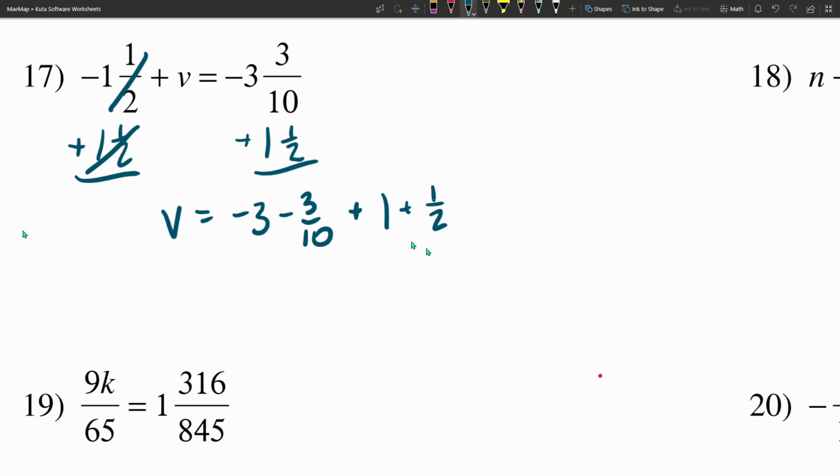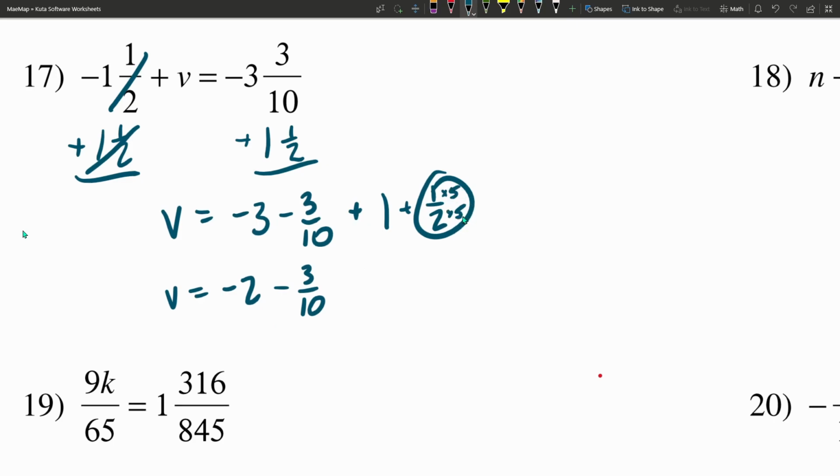Now I like to start with working with my whole numbers. Negative 3 plus 1 is going to be a negative 2. And then I have a negative 3/10 plus 1/2, so I'll rewrite that because I'm going to need to convert this 1/2 in order to have the same denominator as my 3/10, which I can just multiply both by 5.